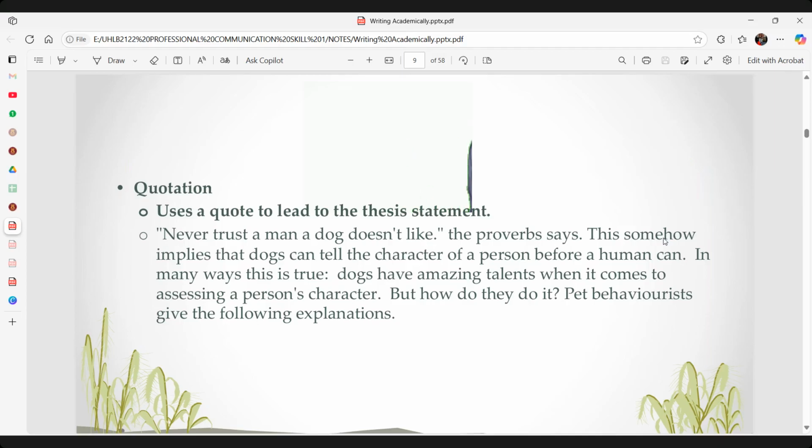Usually, because it's academic, right? The quotes that you choose are from leaders, not from influencers. From leaders, from very established figures, not influencers, okay, unless that influencer has certification, then that's a different thing.